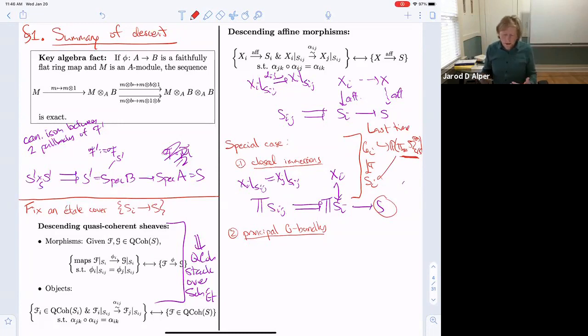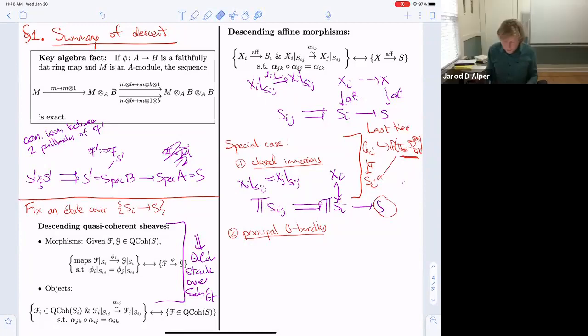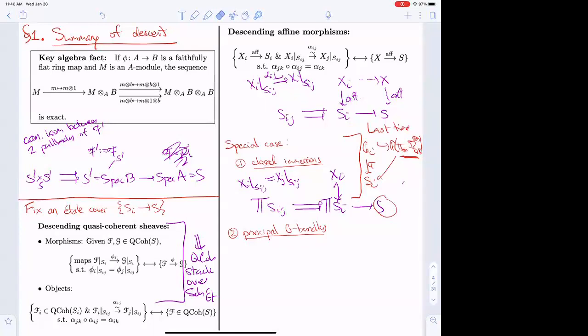Since each of your curves C_i is embedded, you can then descend these closed immersions to get a curve C over S embedded into that projective space. This is all to say that we use this case of descent to show that M_g was a stack in the big étale topology.